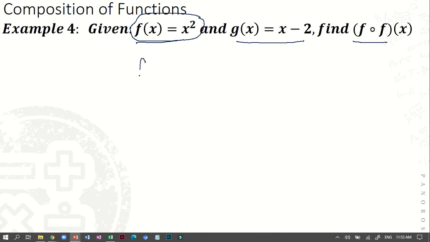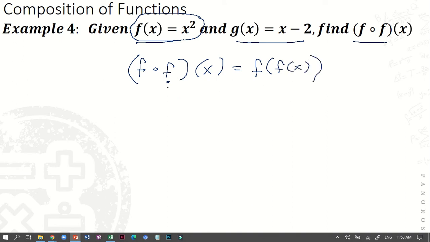Okay, solution. We have f composite f of x equals outer function f, inner function f of x. Yun, inner function yung pangalawang letter. Dahil yung pangalawang letter ay magkakapa lang, so siya pa rin yun.